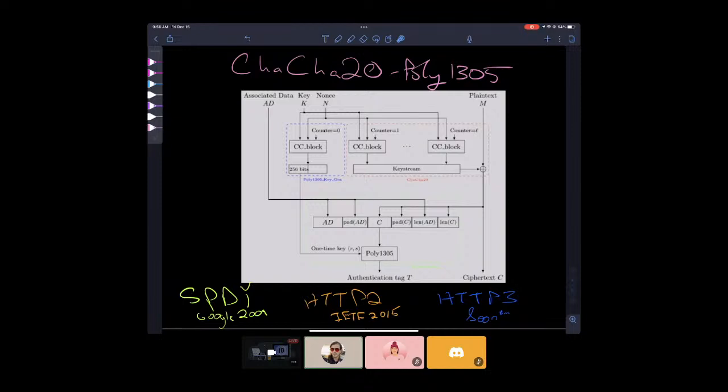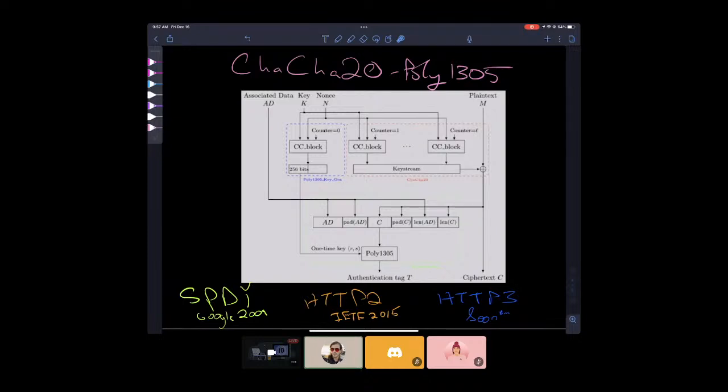And I am somewhat skimming over GCM mode, and I don't intend to discuss it in any detail in this lecture, because Cha-Cha 20 is now at least as commonly used as GCM mode, and is also typically faster. So it tends to be the choice that people go with nowadays. It's standard in HTTP 2, it's standard in HTTP 3, which is coming soon, basically in the next layer of transport protocols that we can expect probably somewhere on the order of the next 5 years.